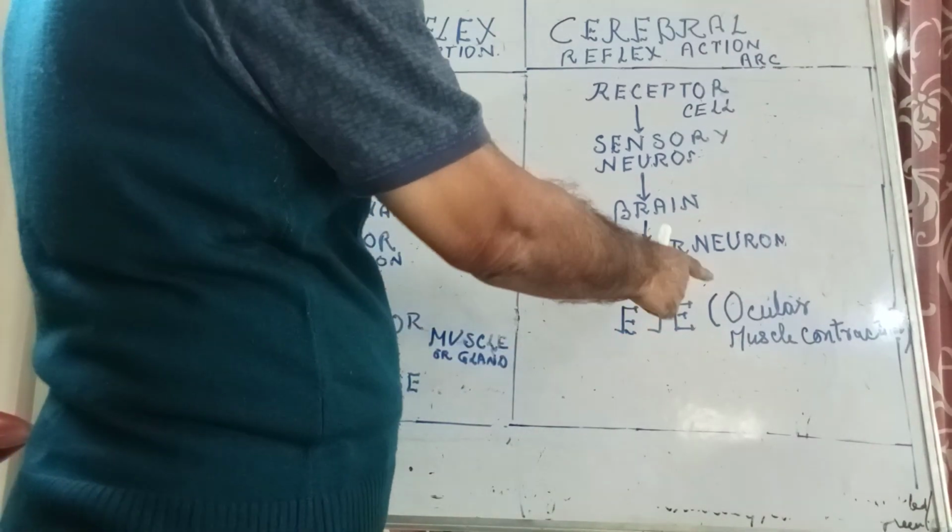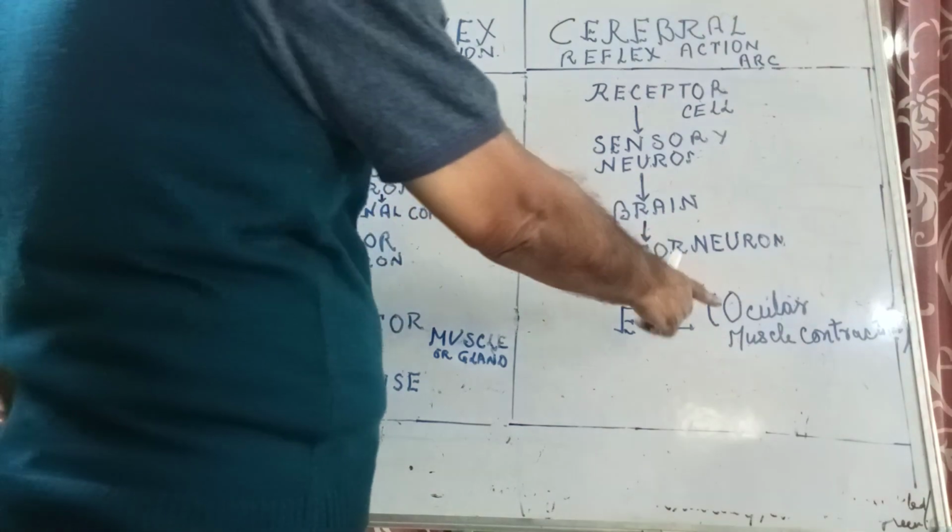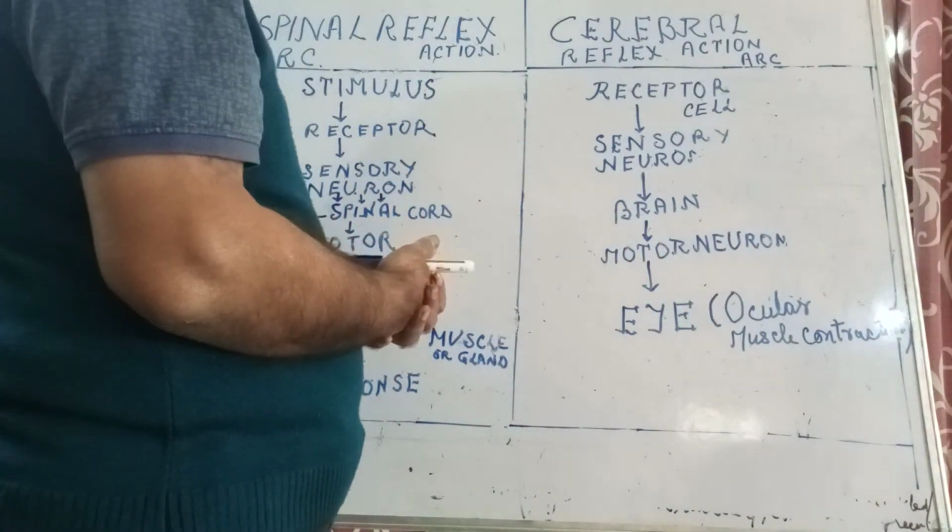So the effector is the muscle, that is the ocular muscle in the eye.